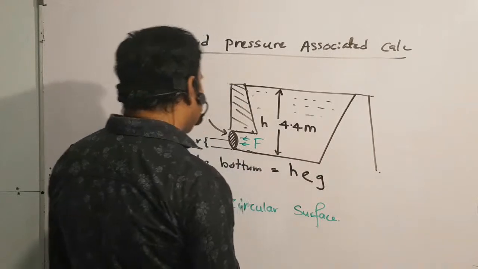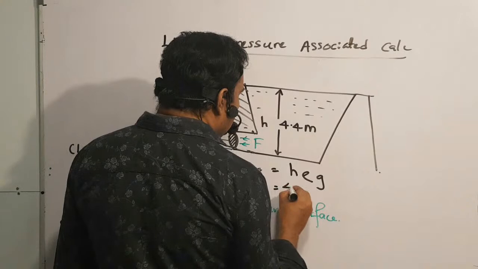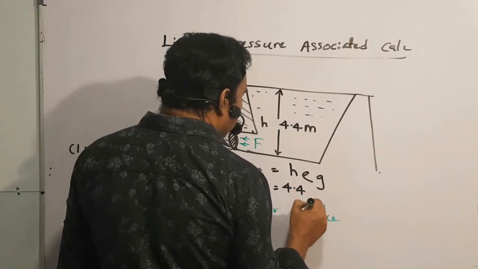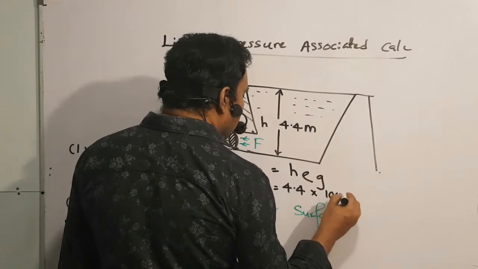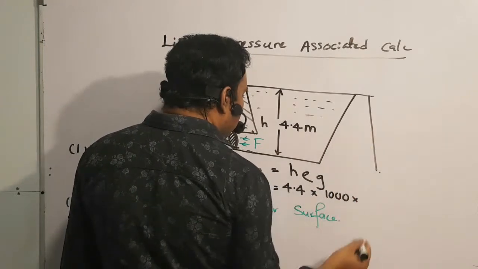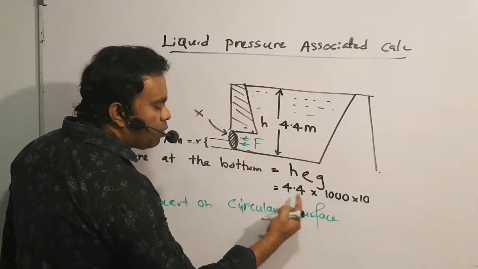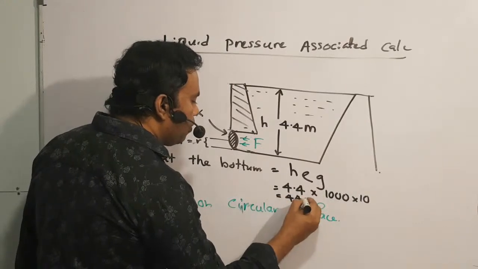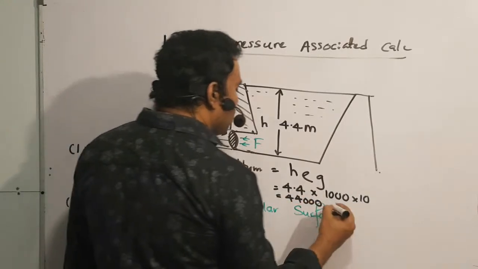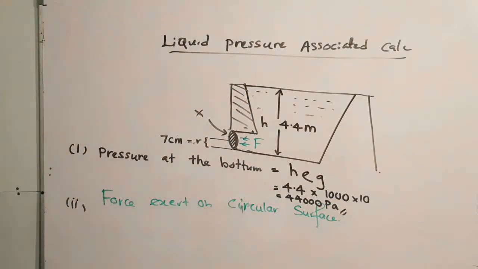The density of water we learned a little while ago, that's 1000. So h is 4.4, rho is 1000, gravitational acceleration 10. 10 times 4.4 becomes 44, then it becomes 44,000 Pascal.